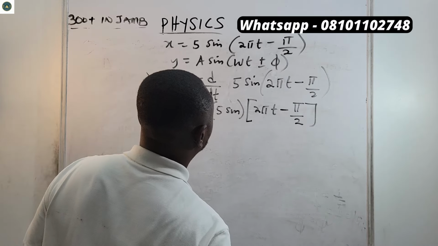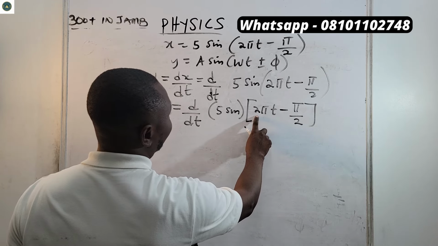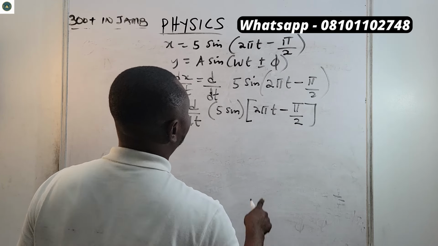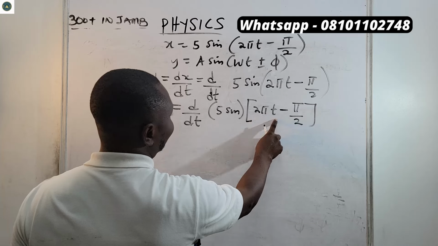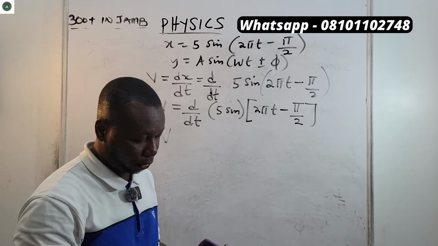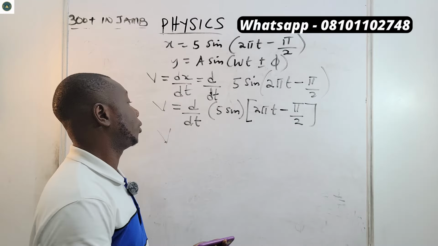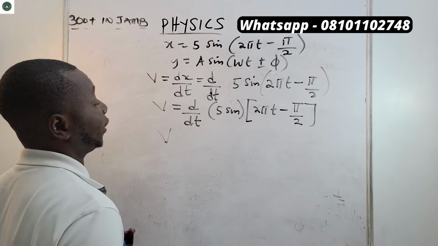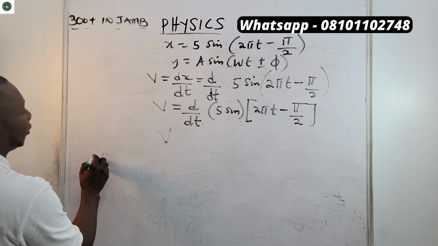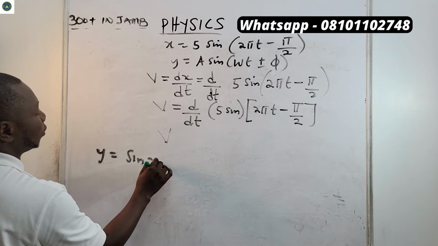All right. So we have 5 here is a constant, and we have sine 2 pi t. Now, if you differentiate sine 2 pi t, it's just like differentiating, for example, y equals sine 2x.